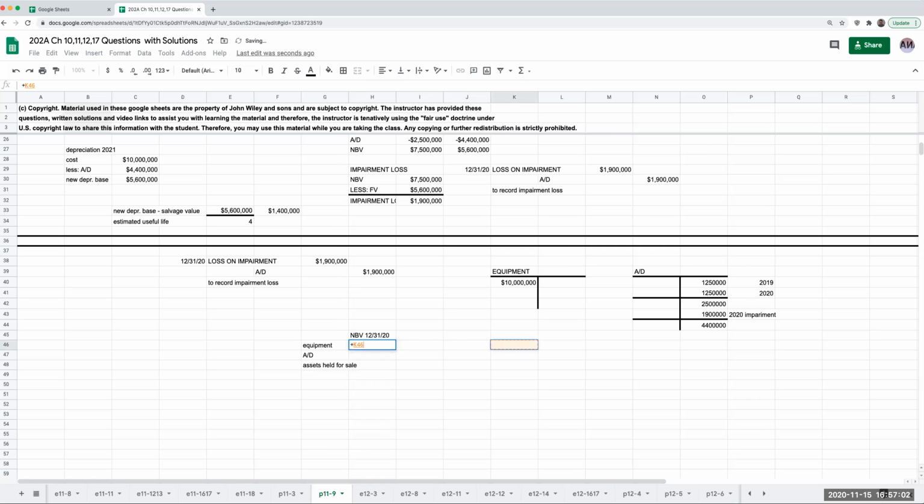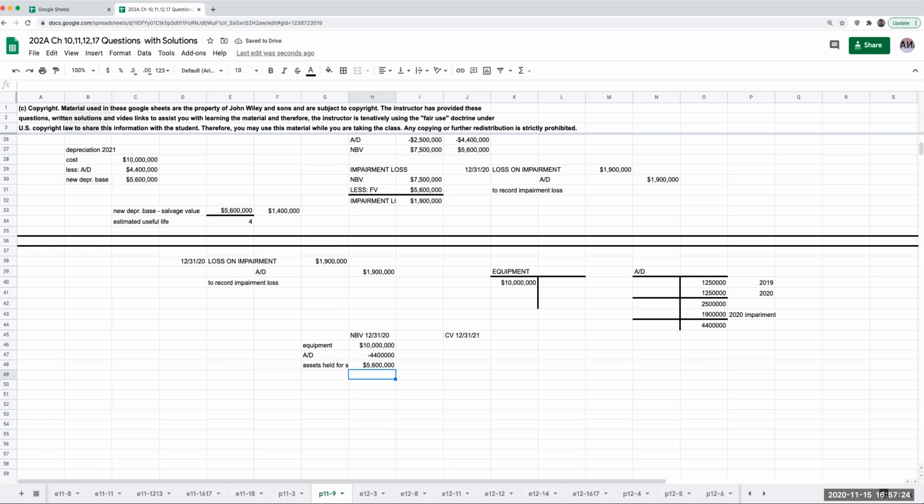Equipment is at 10 million, accumulated depreciation is at 4.4, so I'm at 5.6.